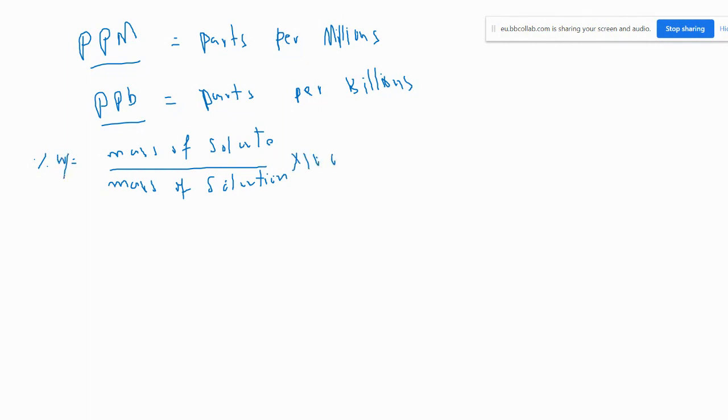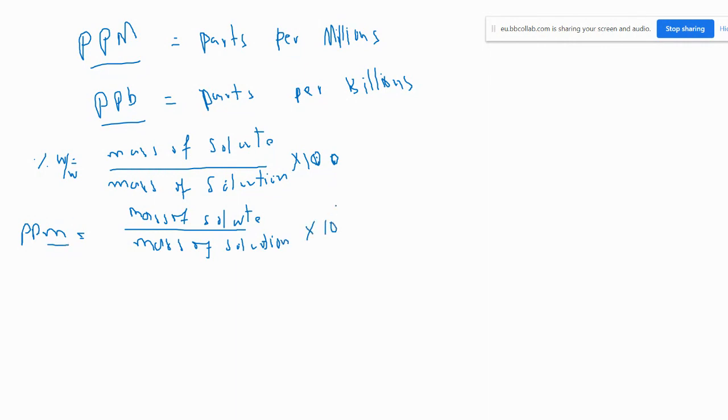This is percentage W by W. But in ppm we say the same thing, mass of solute and mass of solution, multiplied by 10 to the power 6, because it's parts per million.